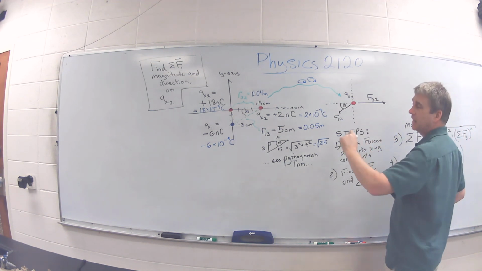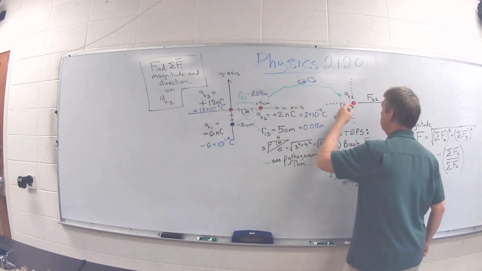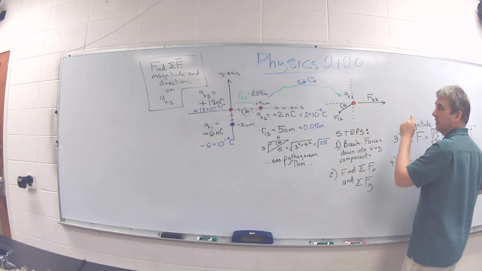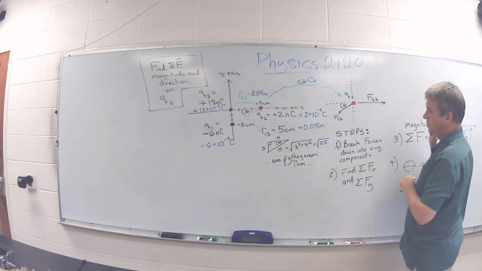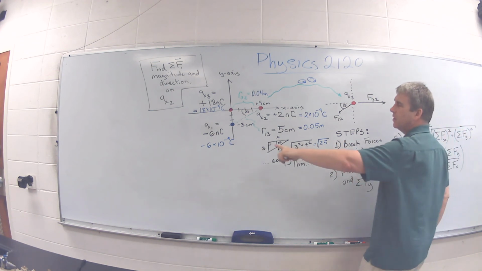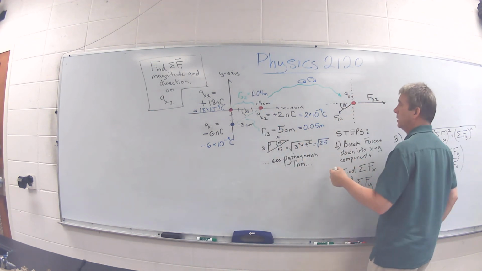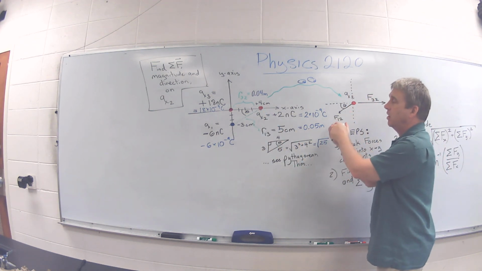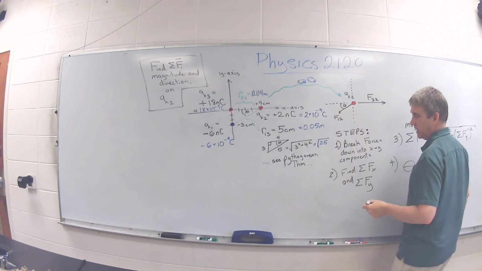We can see that the force from the positive charge on the positive charge will be pointing this way. That's the force of charge 3 on charge 2. Now, because this is a negative charge and a positive charge, charge 1 will be pulling on charge 2. And so that force will be along this line.